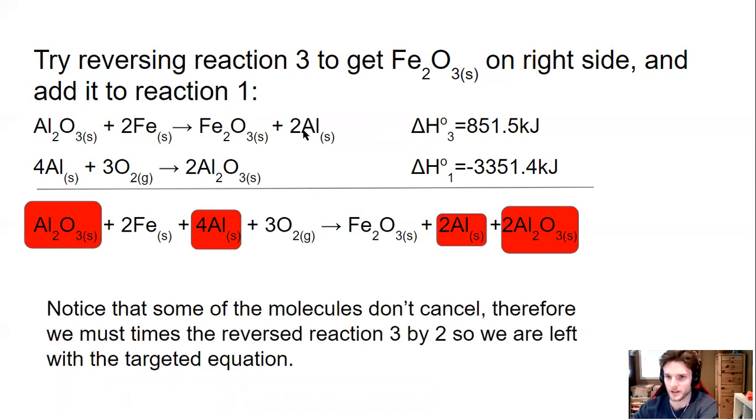So reaction 3, this one on the top here, if we times it by 2, then our 2 aluminums here is going to become 4 aluminums. And that's this guy here. And then it'll cancel with the other aluminums. So we do have to times everything by that.